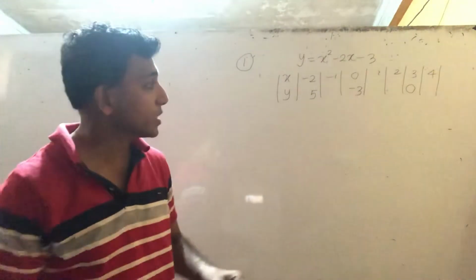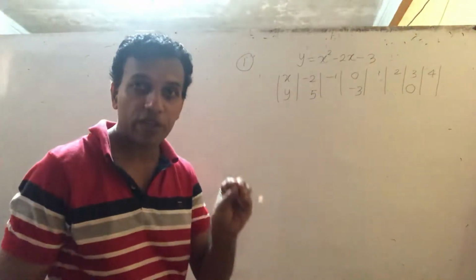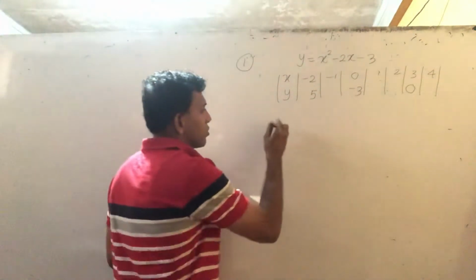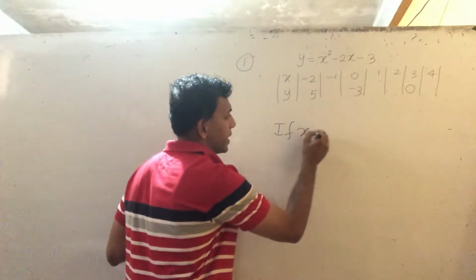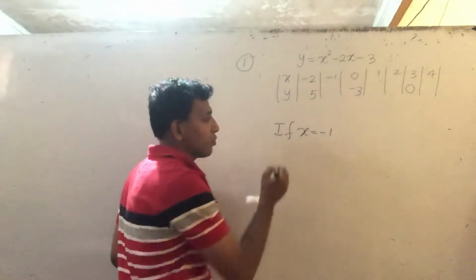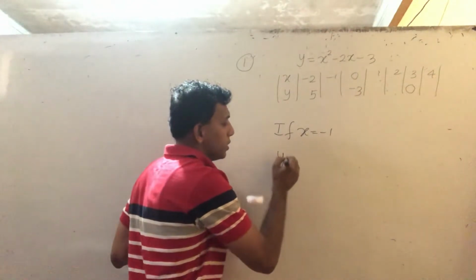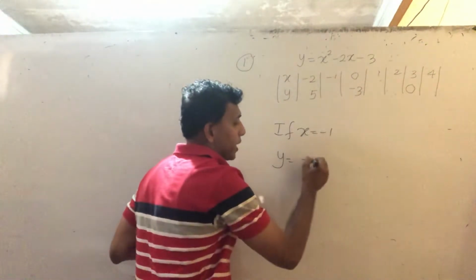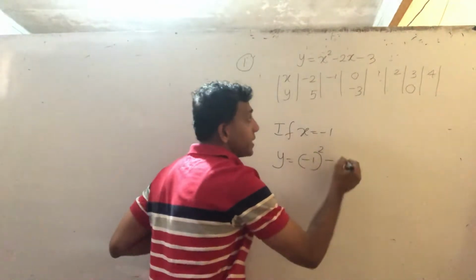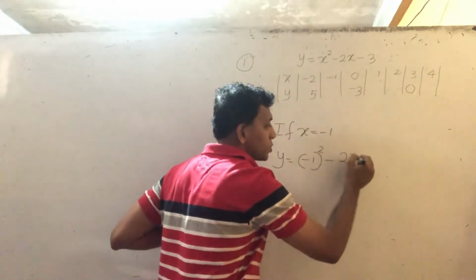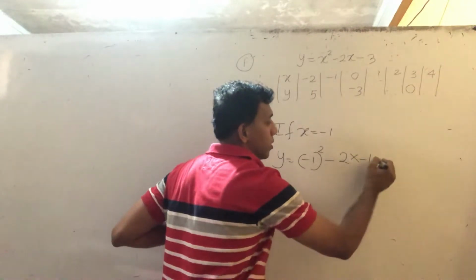Okay, then see, if x is minus 1, what is y? You have to show everything, right? So if x equal minus 1, what is y? Y equal x for minus 1, square, minus 2 times minus 1, minus 3.